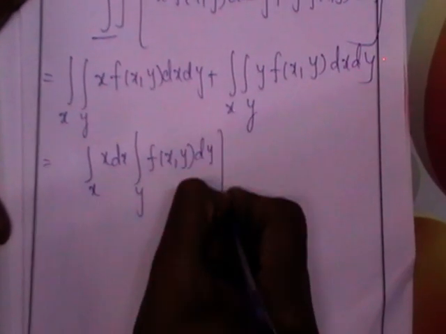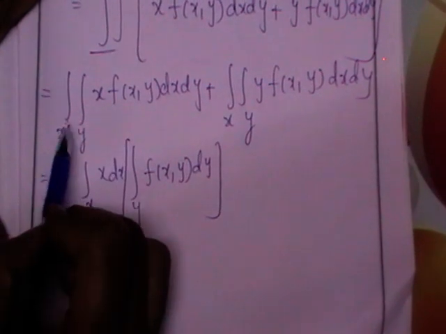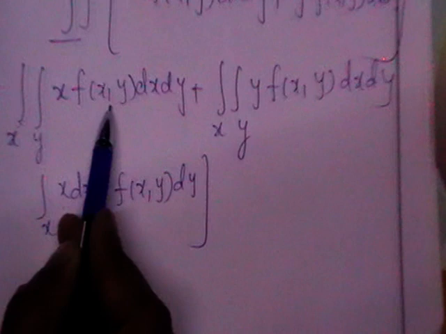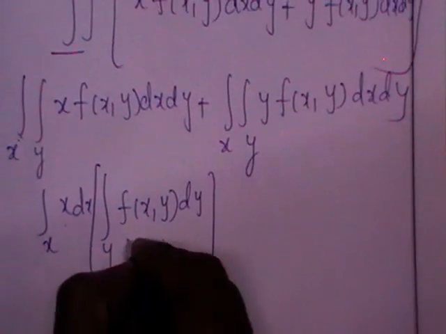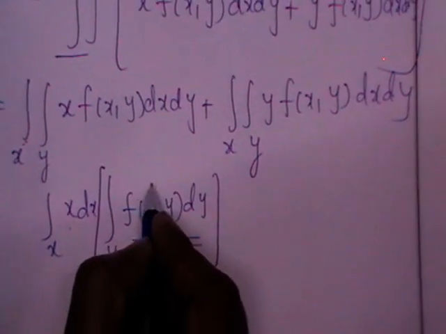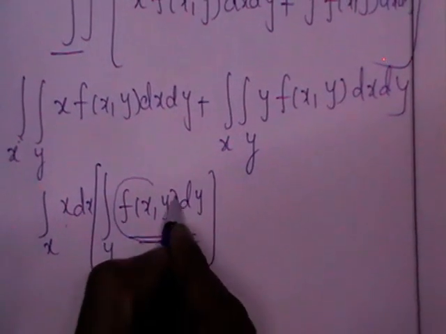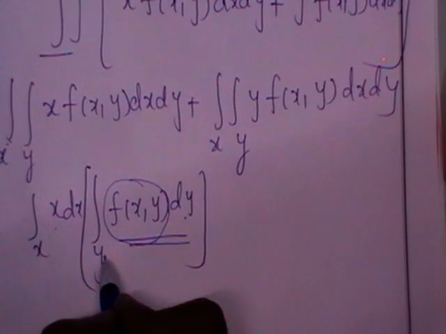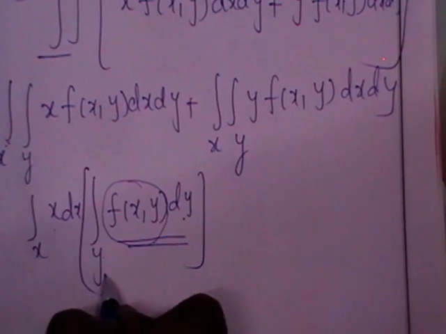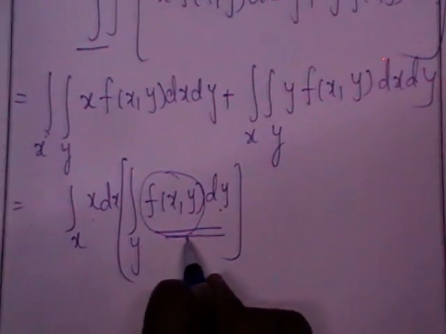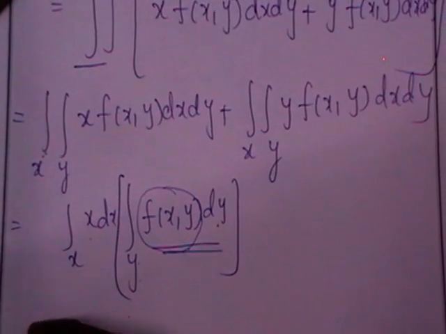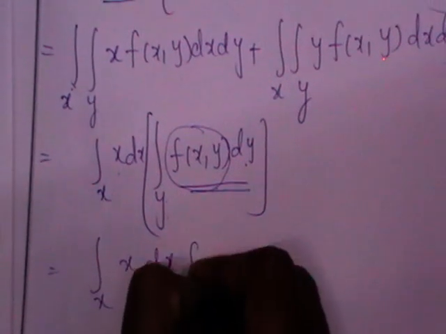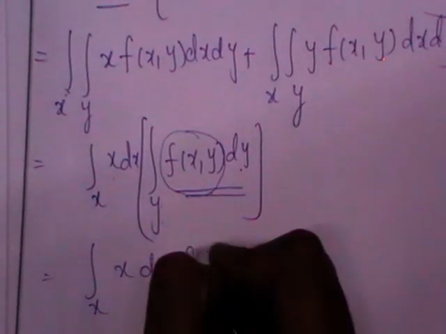What I did here is I separated the terms: integral x dx separately and integral y f of xy dy separately. If you observe this term, you are integrating the joint PDF with respect to y, meaning you are removing the effect of y. Then which PDF will you get? You will get the PDF of x. So this is integral x f of x dx.